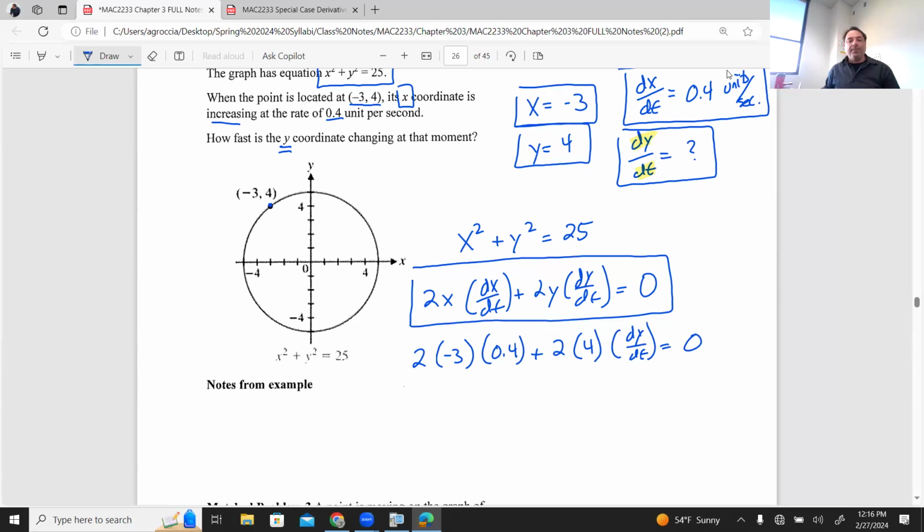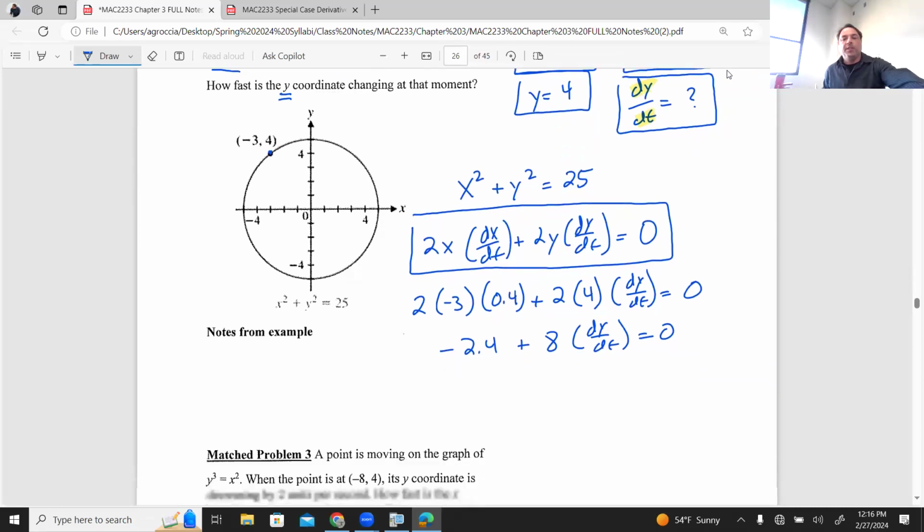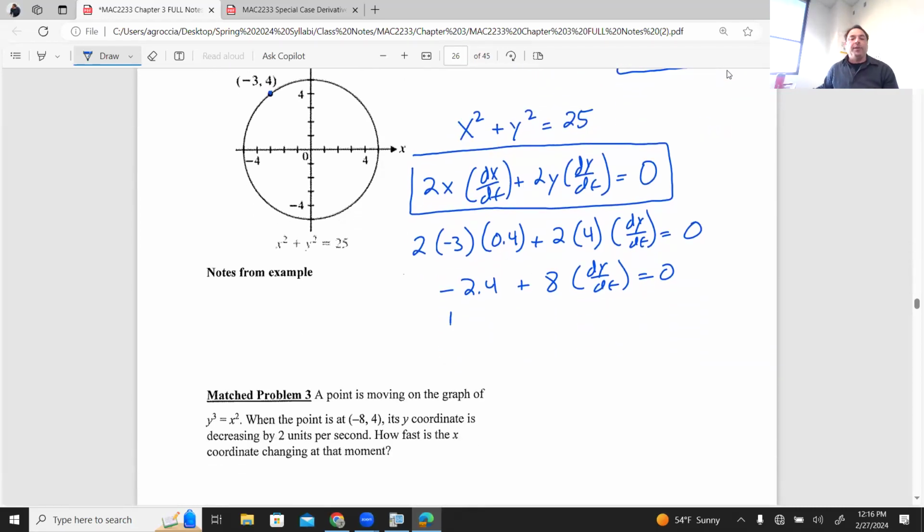And if we do that, you get -2.4 plus 8 dy over dt equals 0. Then it's just algebra. Add 2.4, add 2.4, 8 dy over dt equals 2.4, divide by 8, and we find that what is the rate of change of y?